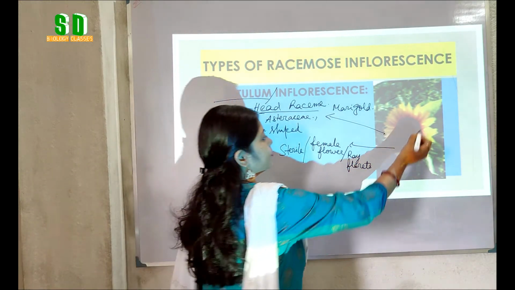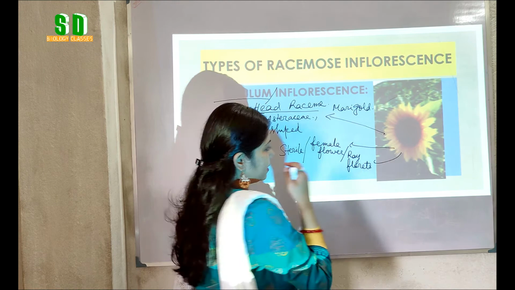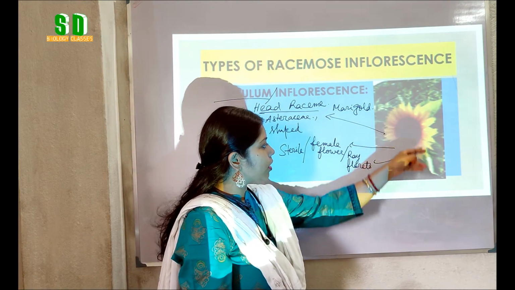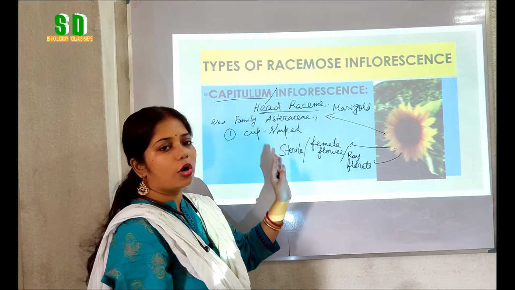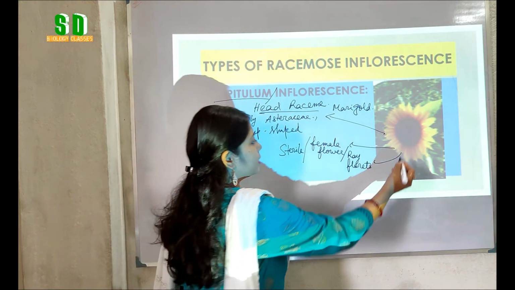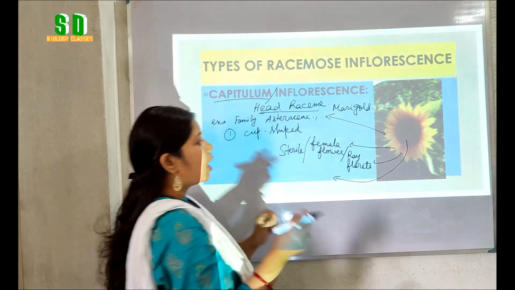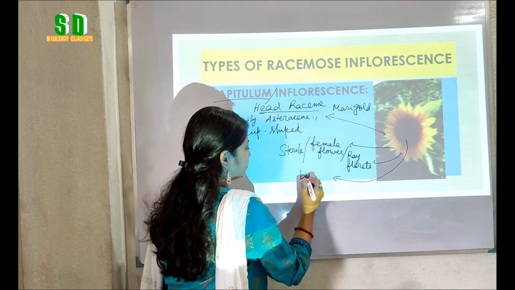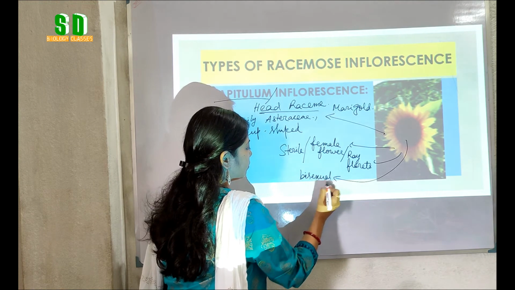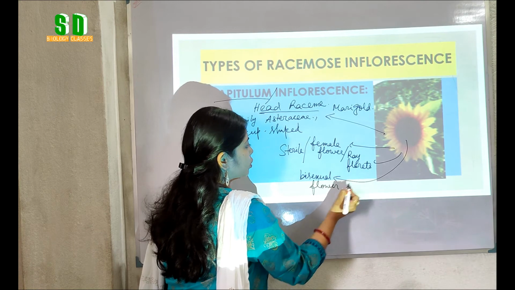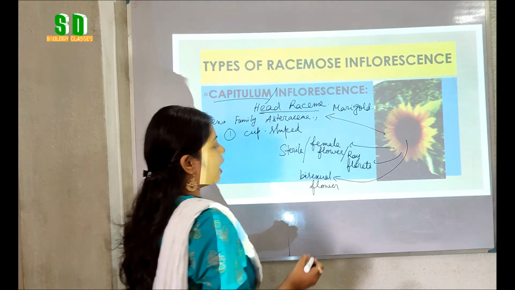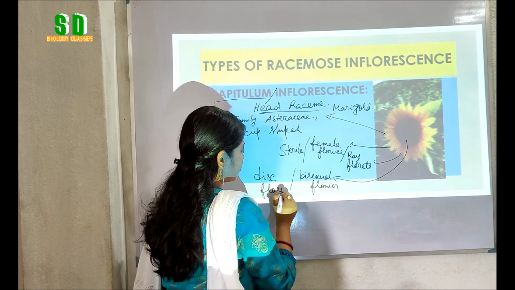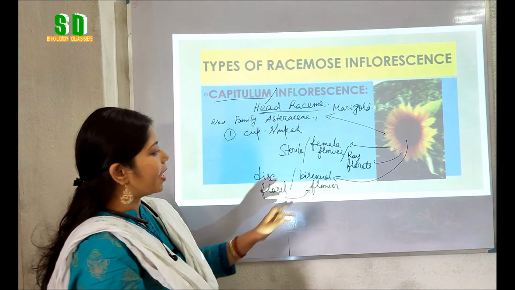The flowers present at the periphery are called ray florets. Usually the flowers at the periphery are female flowers or they can be sterile flowers. And in this black part another type of flowers are present, which are bisexual flowers. The flowers situated at the center are called disc florets, and those flowers are bisexual.